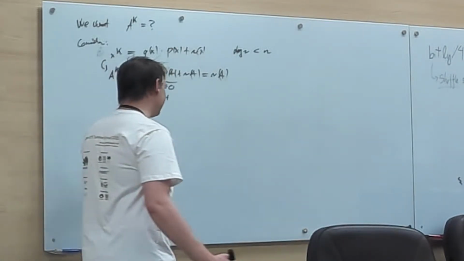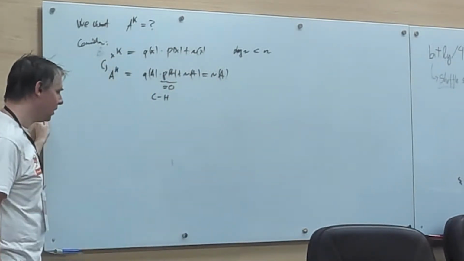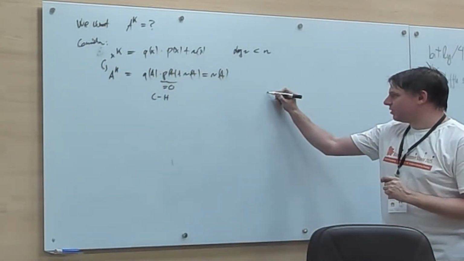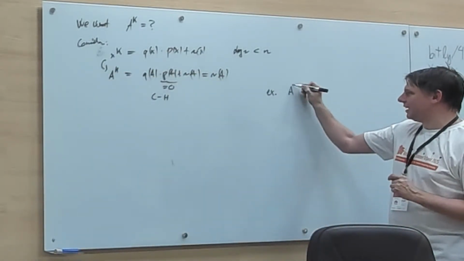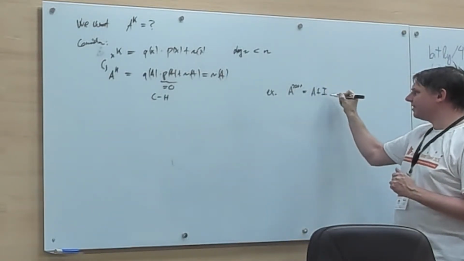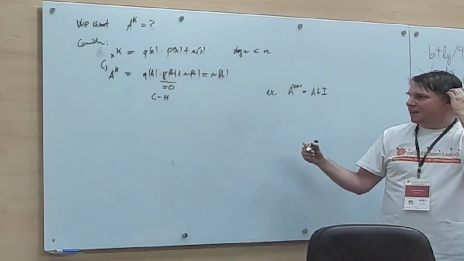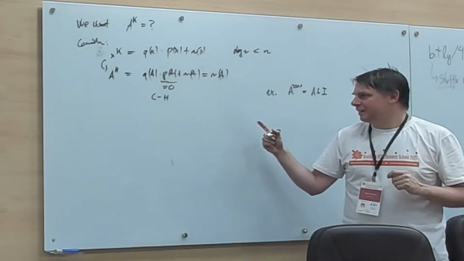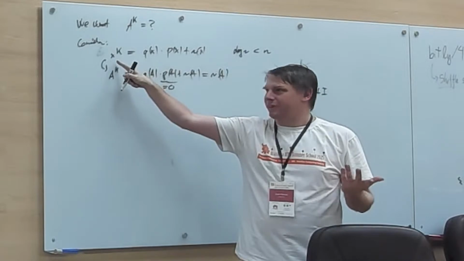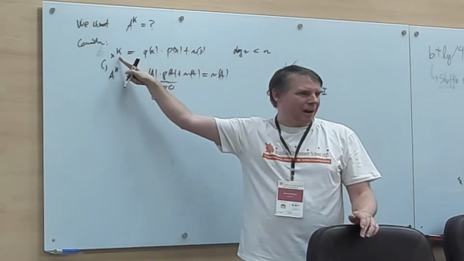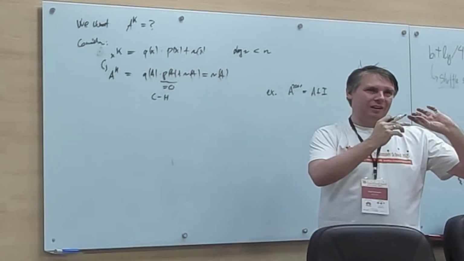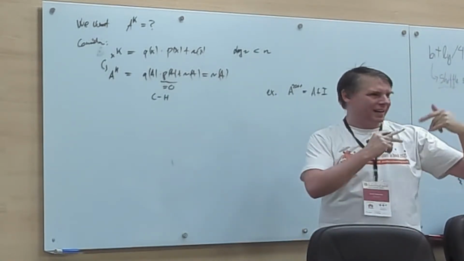As I discussed yesterday, if you have a concrete example like A to 2000 equals A plus I, then what we are aiming to do is try to reach A to the power of k, or you could say x to the power of k, by applying an algorithm which is similar to binary exponentiation.